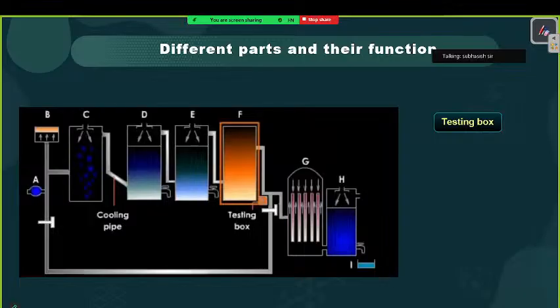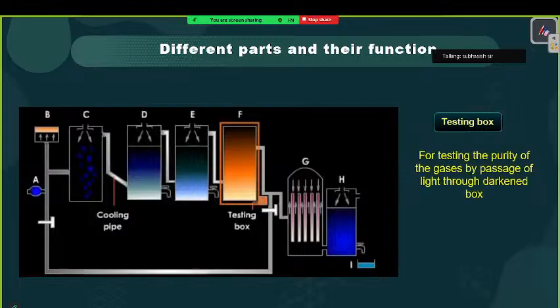where, in a dark background, the purity of the gases is tested by passage of light through a dark box. If any dust particles are present in the gaseous mixture, they can be identified in this particular step.